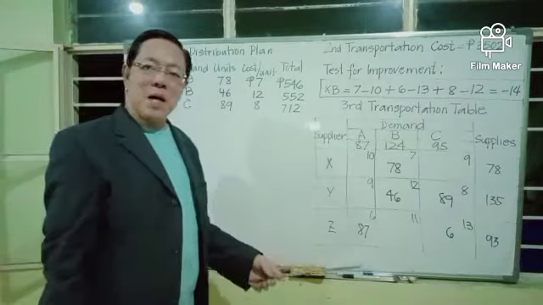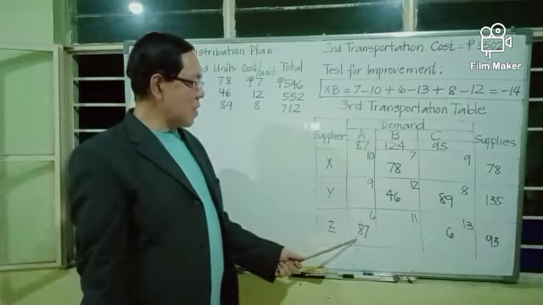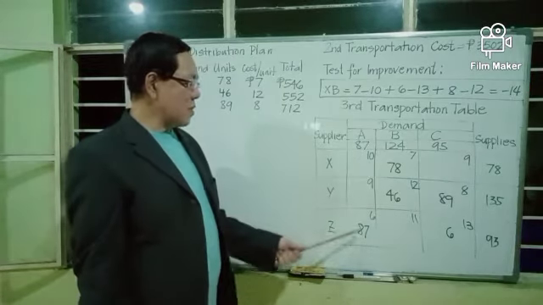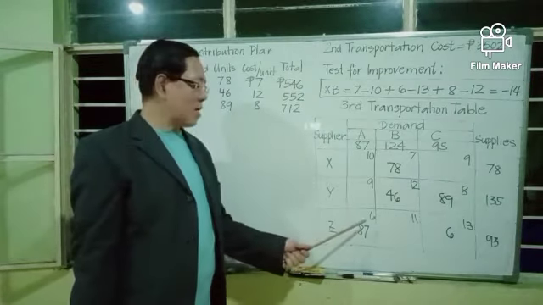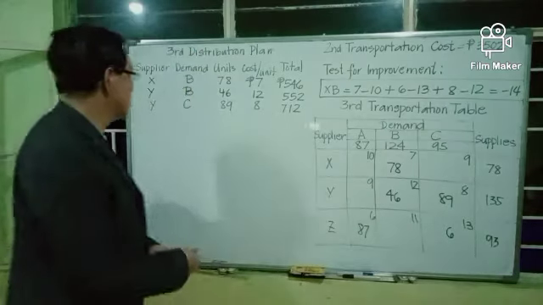And from supplier Z to customer A, we supply 87 units at 6 pesos per unit.